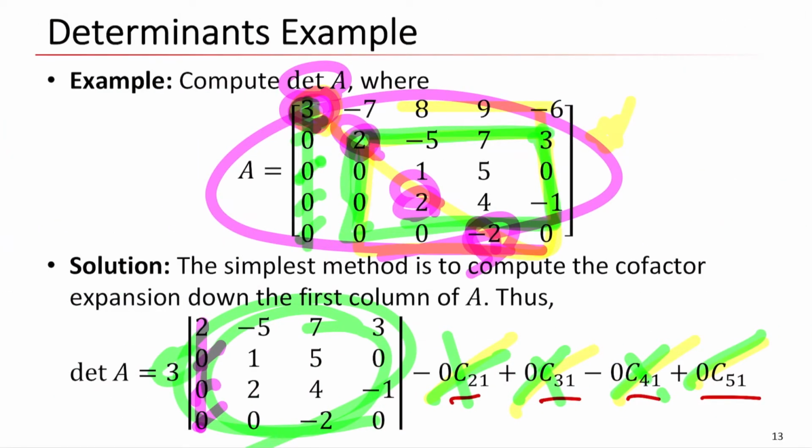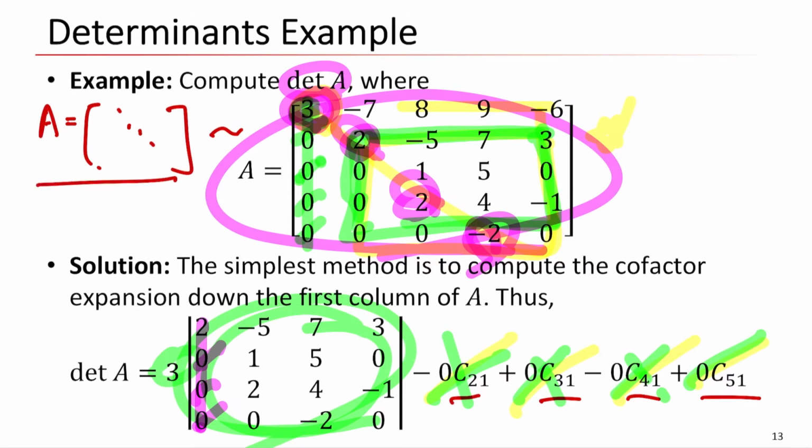Actually, if you look at this matrix, this is the echelon form of an arbitrary matrix A. So we can say there was an arbitrary matrix A, something like this, and this is the echelon form of this original matrix, right?